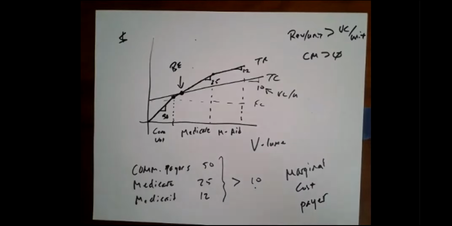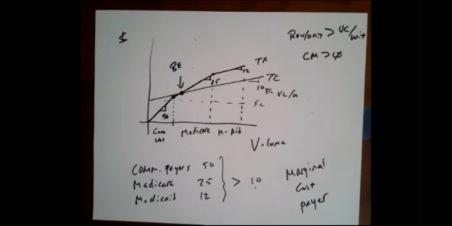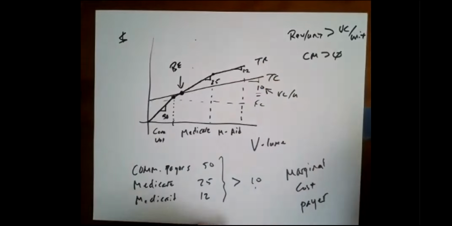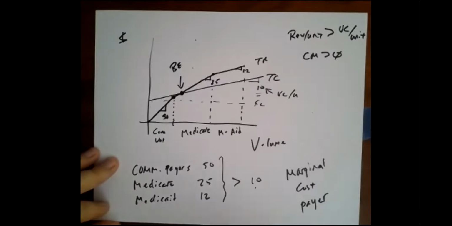Well, what does it cost to do one more visit once you've broken even? Well, the cost in this case to do one more visit is the variable cost, which is 10.